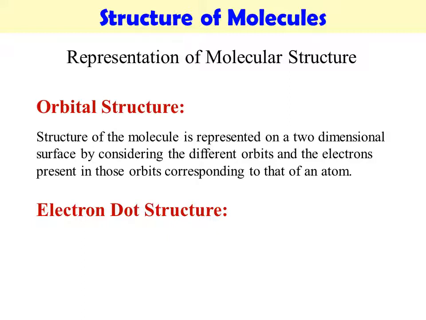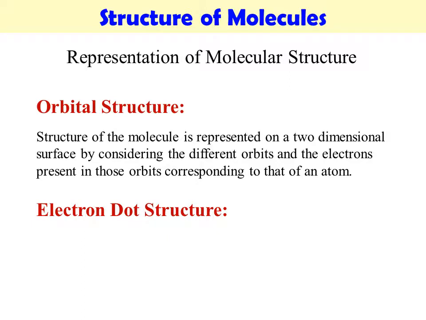Every atom differs, maybe in the number of orbits the same, but the number of electrons differs, and the number of protons and neutrons differs with every element. So the orbital structure considers the orbits, the electrons present there, which is atom specific, as well as the central nucleus.